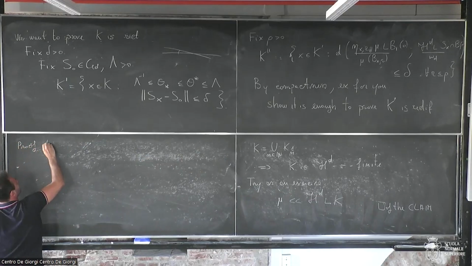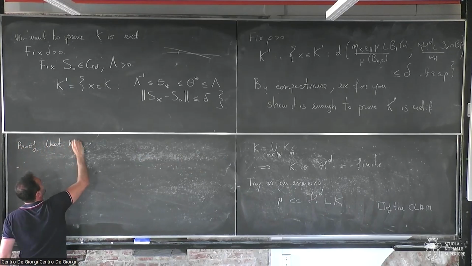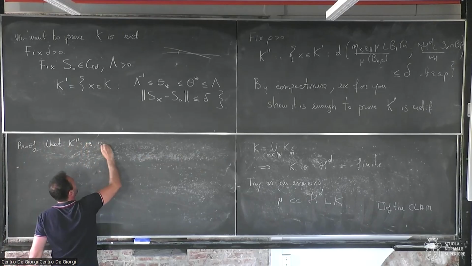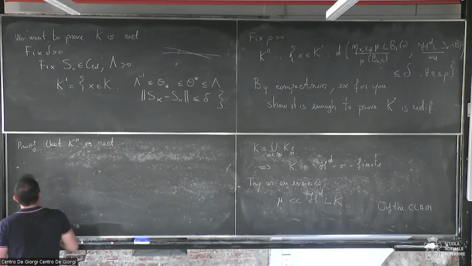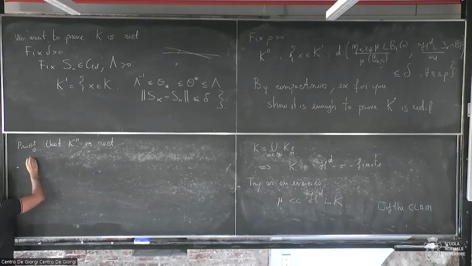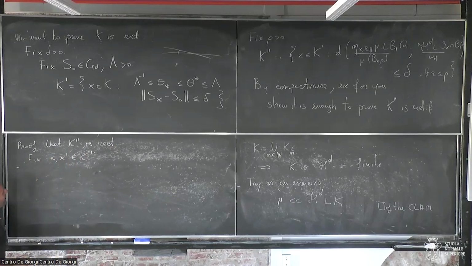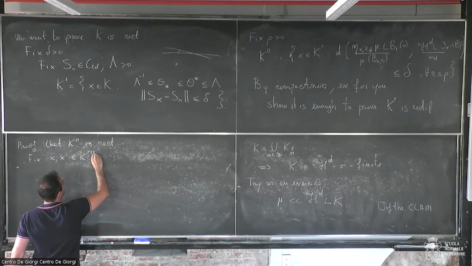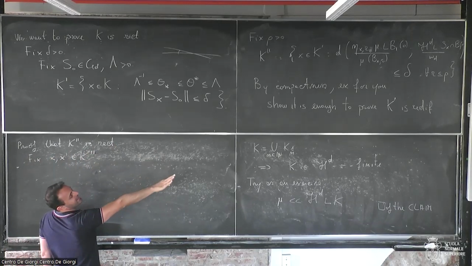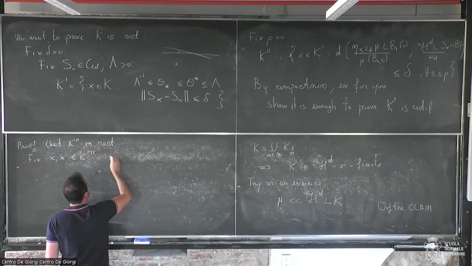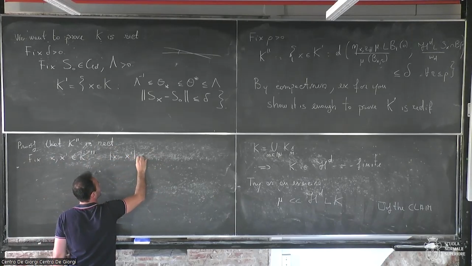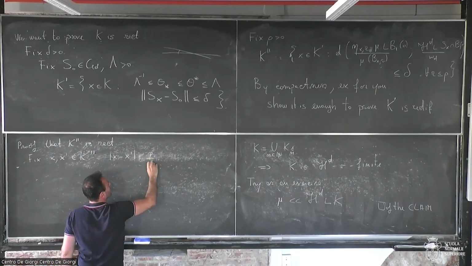Proof that K second is rectifiable. Take two points, x and x prime in this set K second. We are at a given fixed scale rho. So say that the distance between x and x prime is less than rho divided by 2.